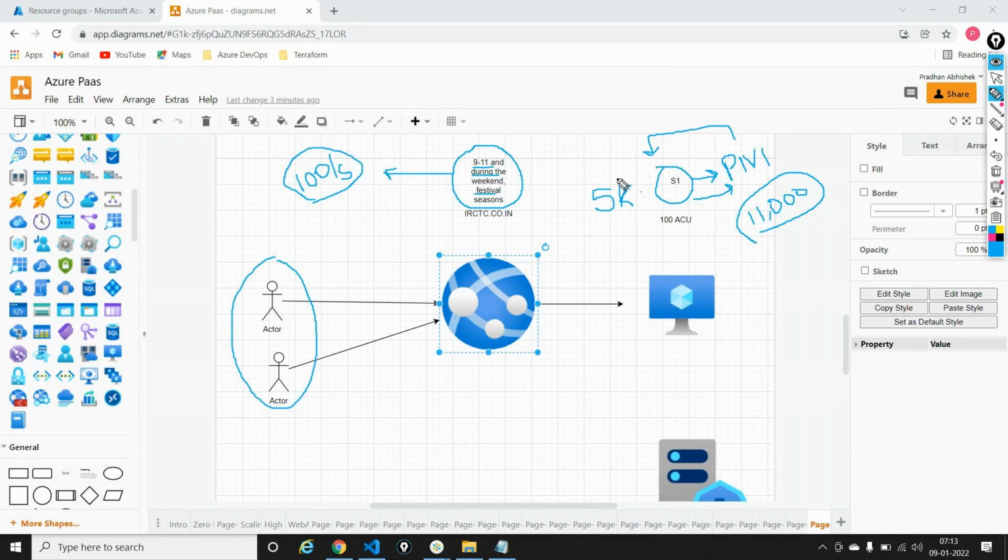I'm not consuming it. Then Azure tells you that, okay, fine, if you're still not consuming it, you will still pay the base amount for this particular plan, which is 11,000. Meaning, let's compare it to the physical world. You've taken a 2 BHK apartment, and there were a lot of relatives coming to your place.